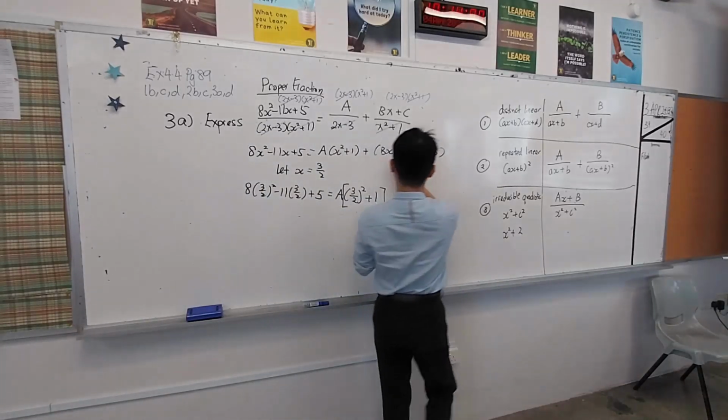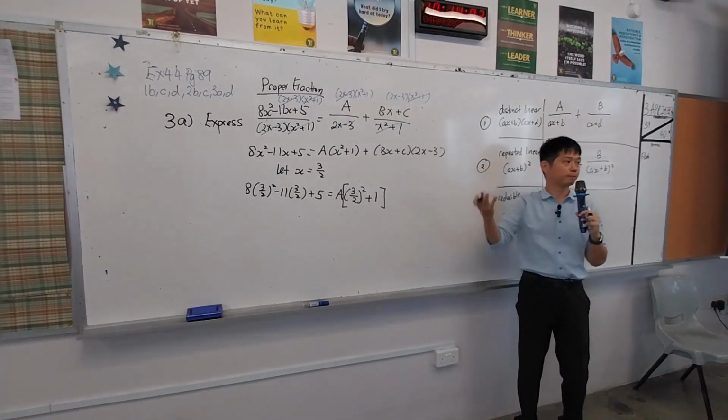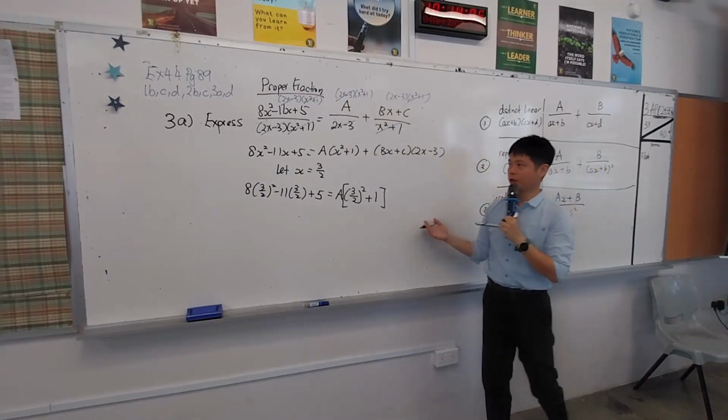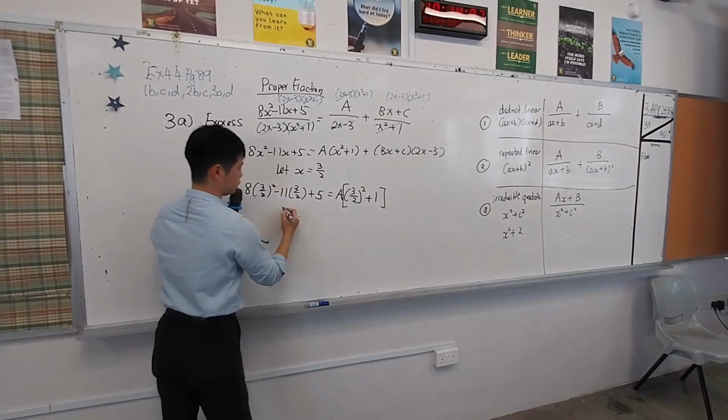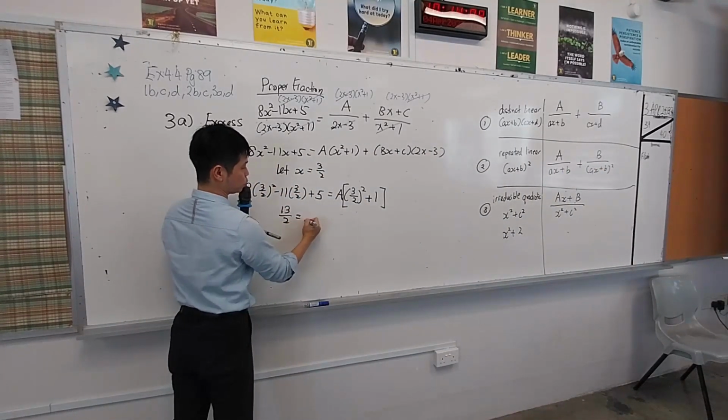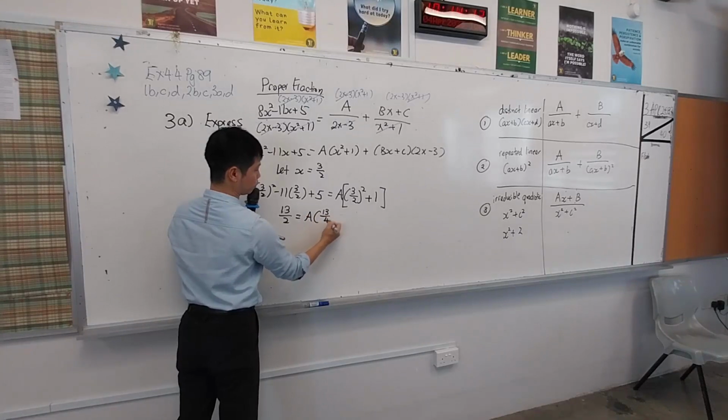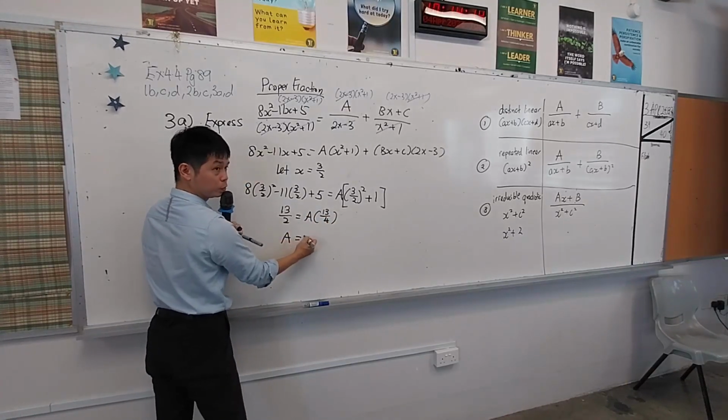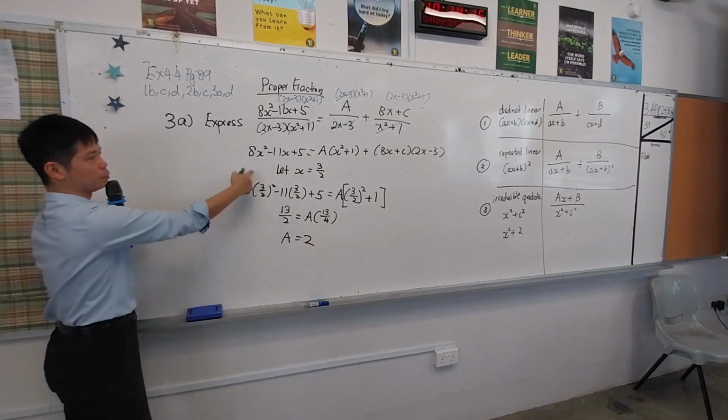Once again, this whole term will become 0. That's the purpose why we chose 3 over 2. And we will have 13 over 2 equals A multiplied by 13 over 4, and A equals 2. So this is method number 1.